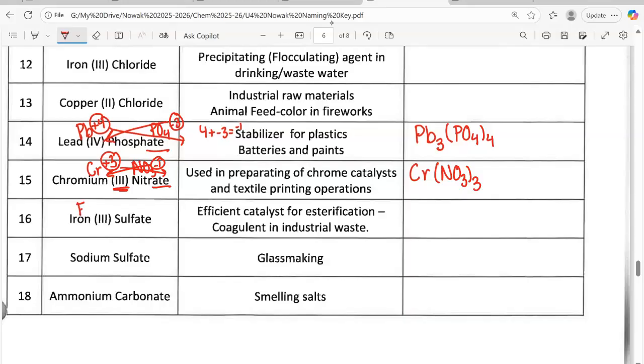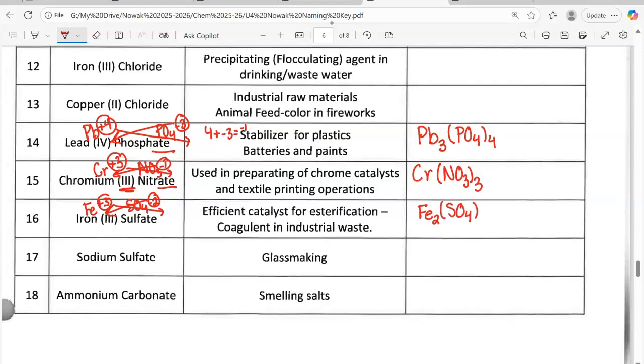So iron 3, Fe is my symbol for iron. 3 is telling me a +3 charge. Sulfate ends in ATE. That is a polyatomic ion. Sulfate is SO4 -2. I'm going to go ahead and crisscross this out. So I end up with Fe2.